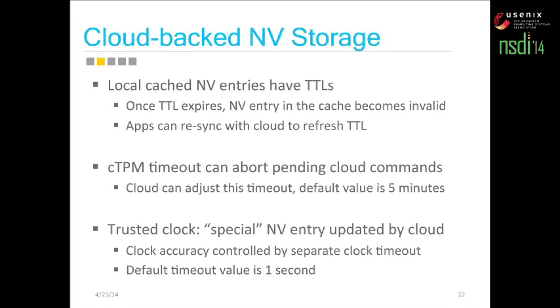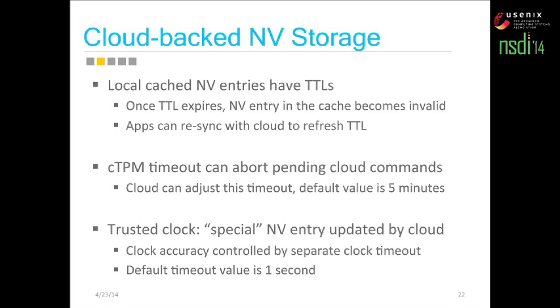With this established secure communication channel between cTPM and cloud, let's talk about our cloud-backed NV storage design and trusted clock. So locally cached NV entries will have TTL values.